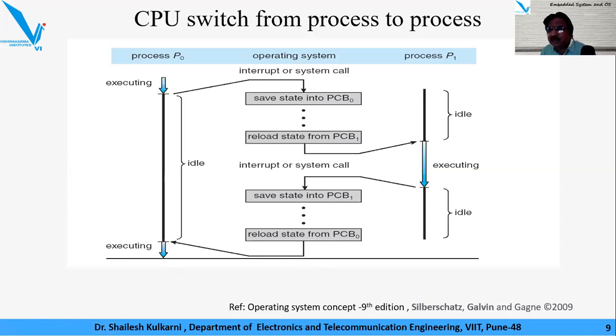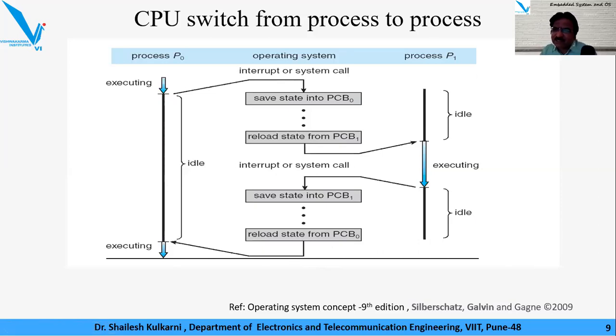If you look at this particular diagram, whatever idle time is shown, from the execution of this process to this process, we have these two idle times. These idle times mean that no process is actually running.